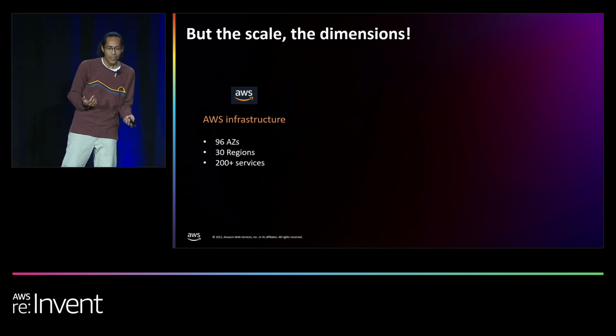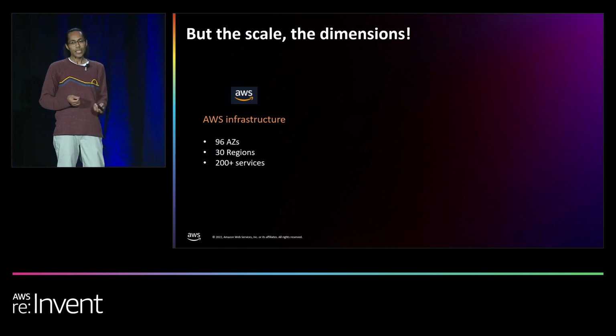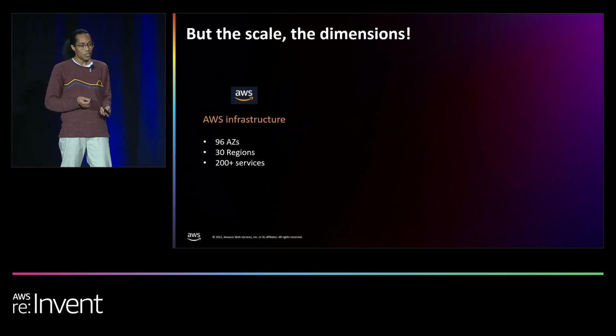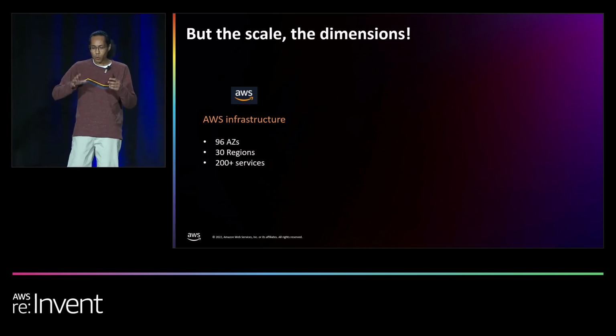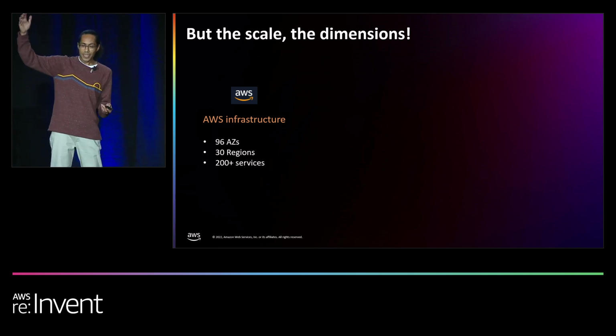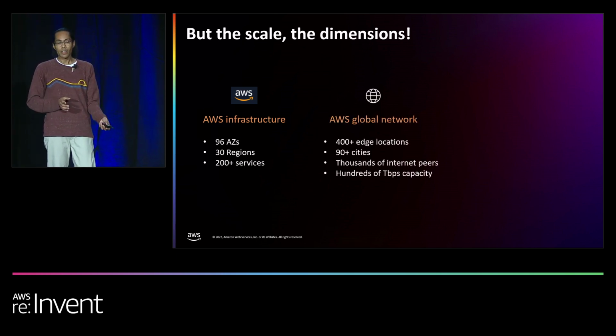AWS infrastructure, we have 96 availability zones spread across 30 AWS regions from which we're running 200 services. Now, if we really want to get our head around where we're monitoring from, our mind's eye has to peruse over to the global AWS network as well.